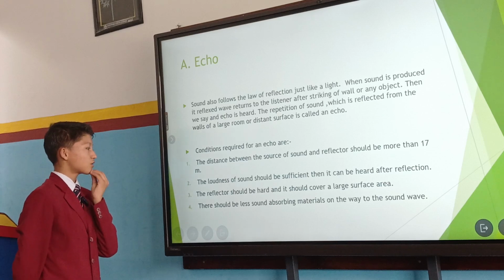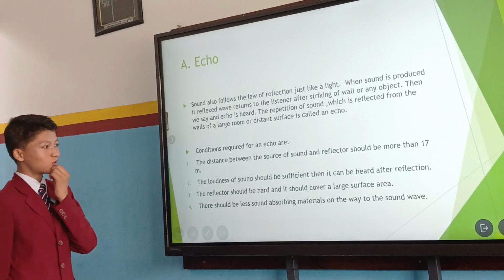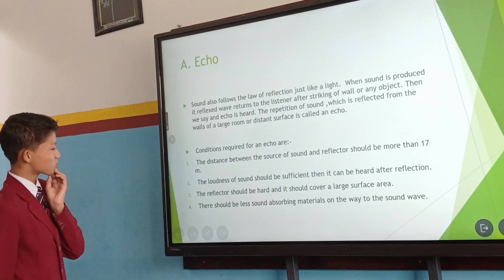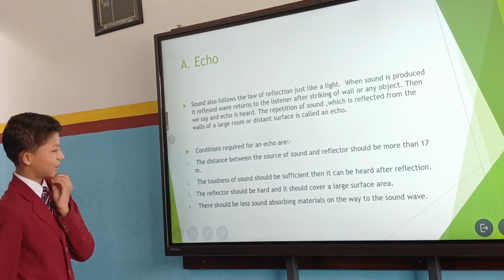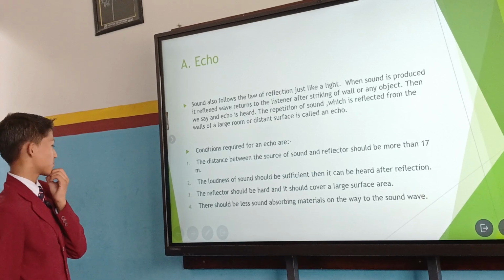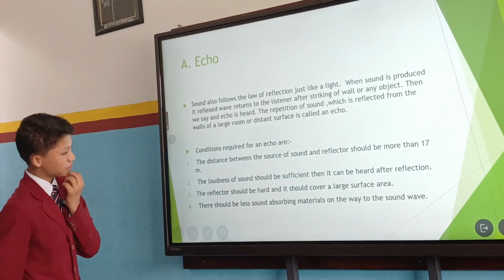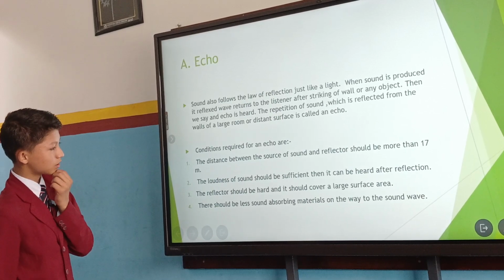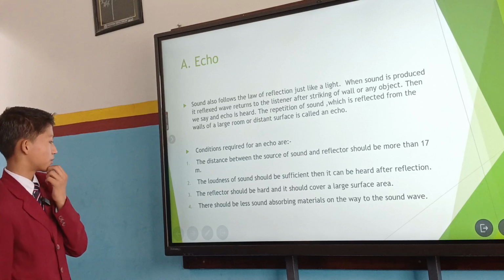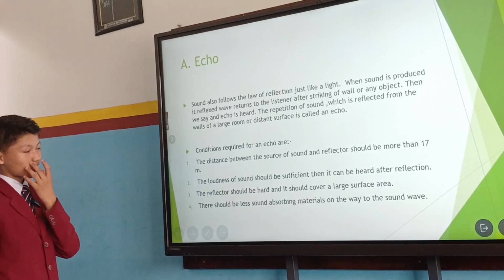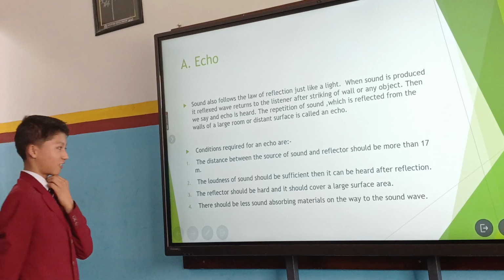The loudness of sound should be sufficient to strike back and be heard by us. The reflector should be hard and it should cover a large surface area. There should be less sound absorbing materials on the way of the sound wave. There should not be more objects on the surface of the reflection of the sound.